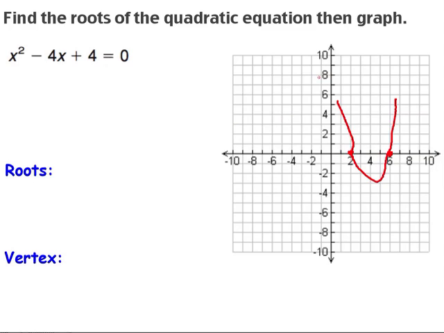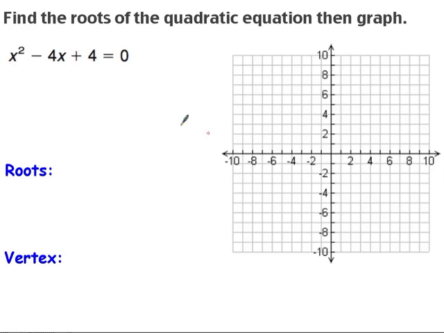So today we are going to learn how to find the zeros. And another word that we use for the zeros is root. Sometimes we call them roots, sometimes we call them zeros. So whenever you hear the word roots or the word zeros, know that they mean the same thing.